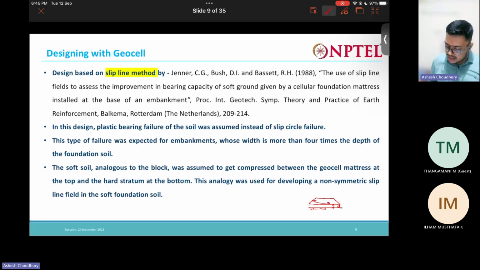The soft soil, as you can see, is sandwiched between our embankment and the hard strata at the bottom, isn't it?